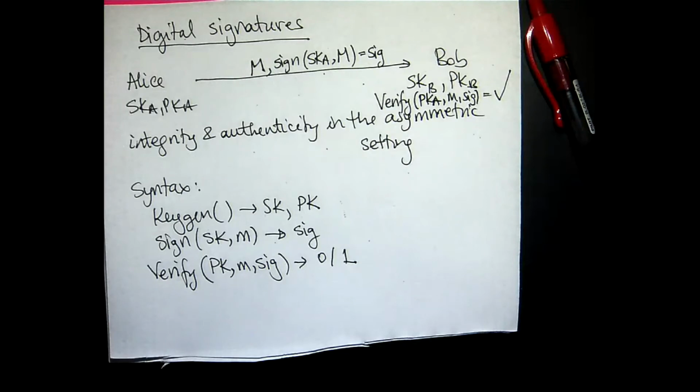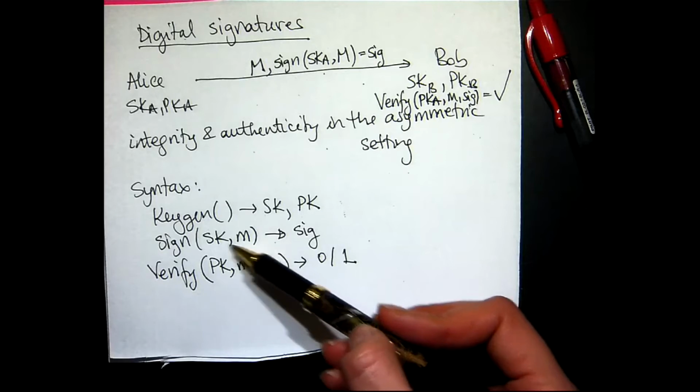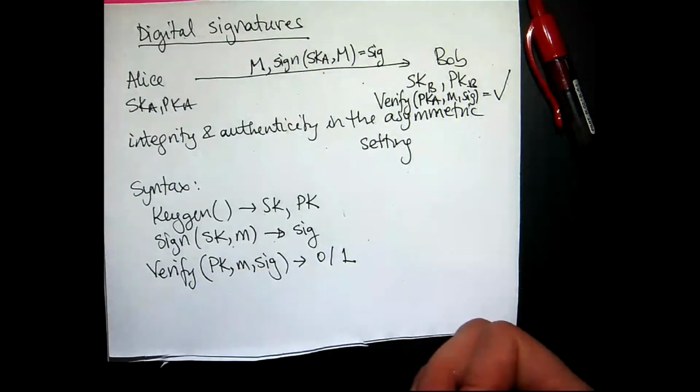So in terms of correctness, what you want is that if you sign a message with the secret key, then you're going to be able to verify it using the public key.